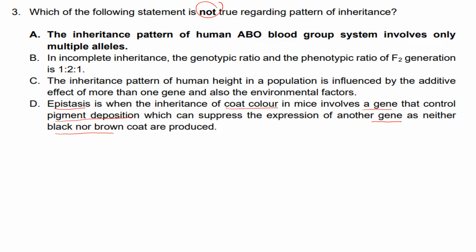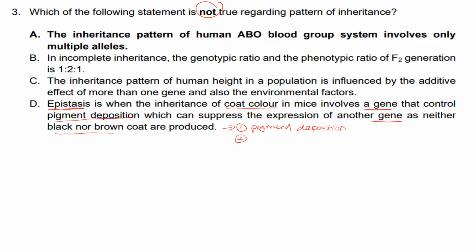For epistasis, you have to understand it involves two genes. One gene will suppress the expression of another gene. In this case, the first gene, in this question, is for pigment. It controls pigment deposition, so this gene will determine whether pigment will be produced or not.